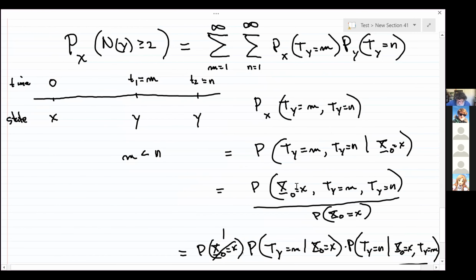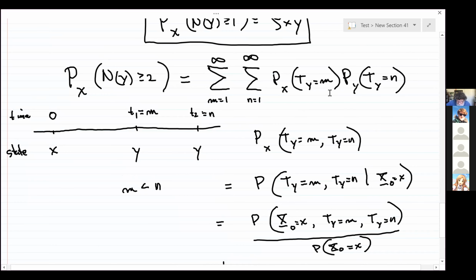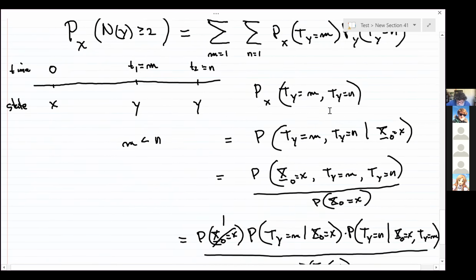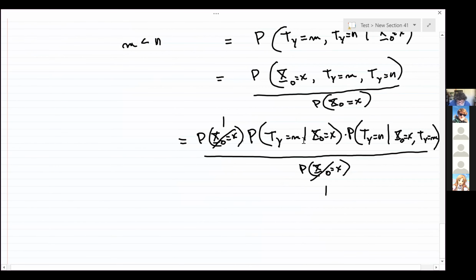So that's this thing. So the second term here is just the same as starting at X and ending up at Y in n units of time. Now the second one here is the more interesting one.